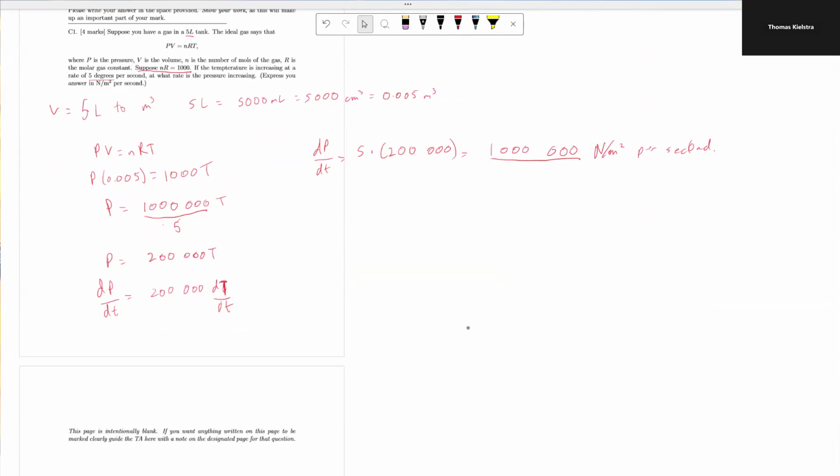So we conclude with the sentence: the change in pressure is 1,000,000 newtons per meter squared per second.